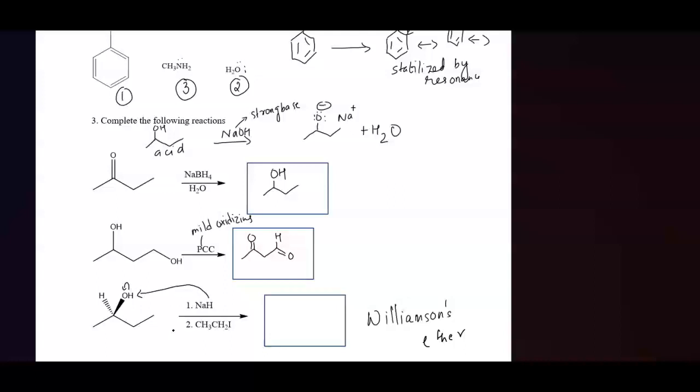You don't have to show mechanisms in these reactions, but you can see that an SN2 reaction can work here, and you need to only write the products in the box.